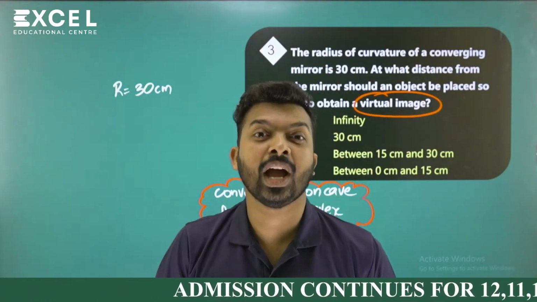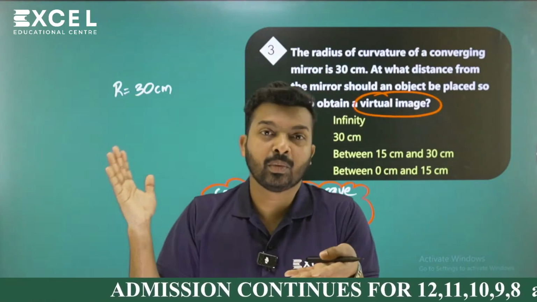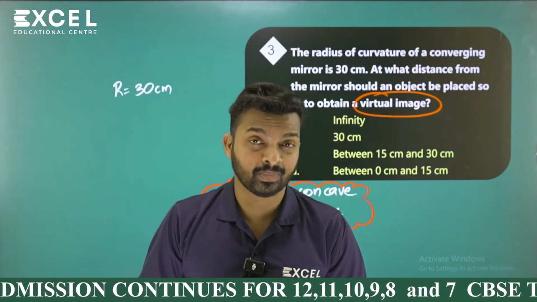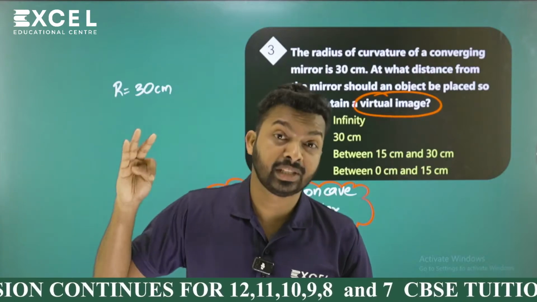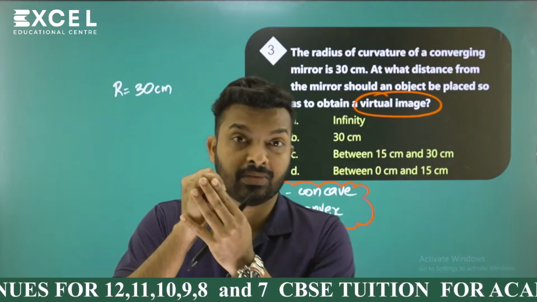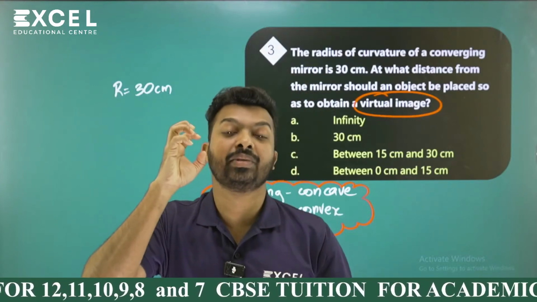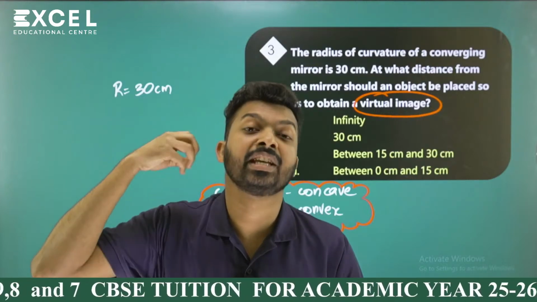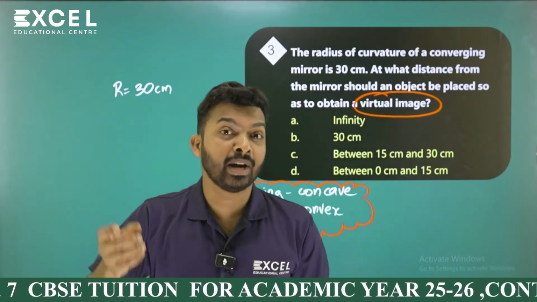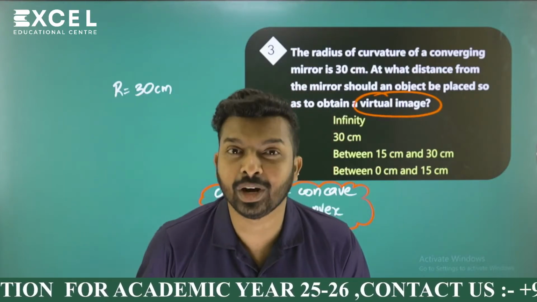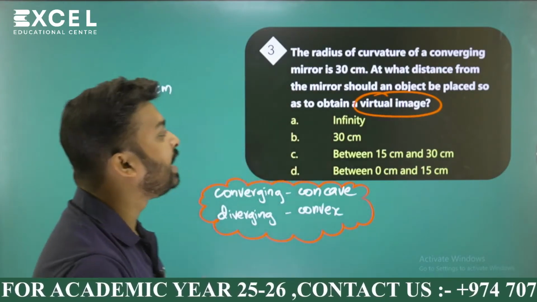You may remember the conditions where we keep the object at infinity, beyond C, at C, between C and F, and at F. In all these 5 conditions, we get a real and inverted image. But the last one, between F and P, will give you a virtual image.